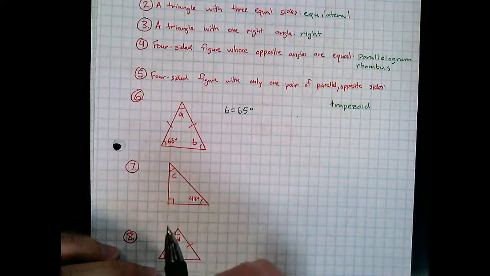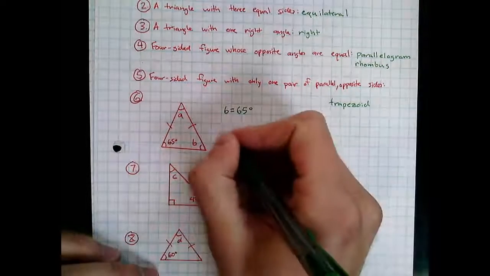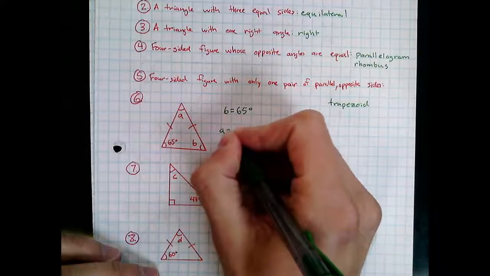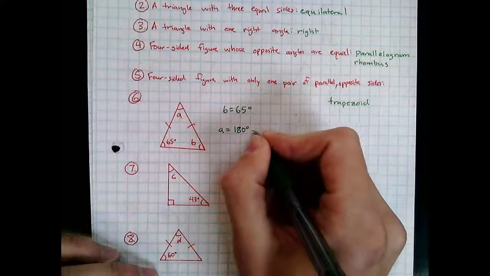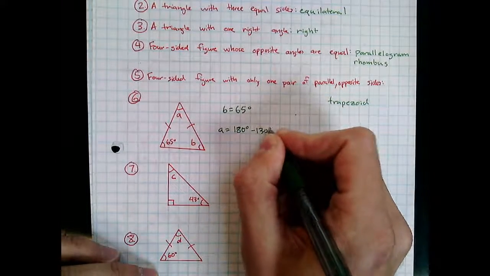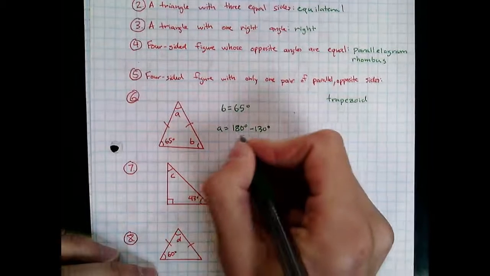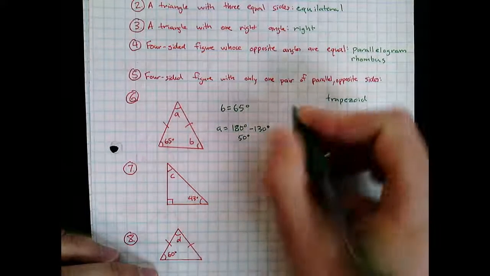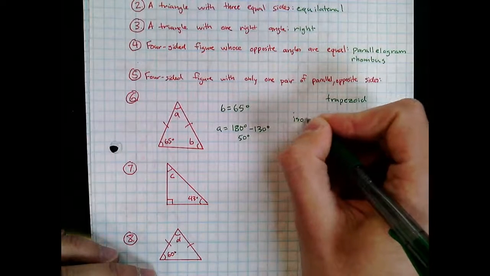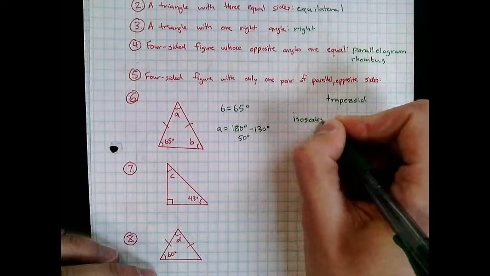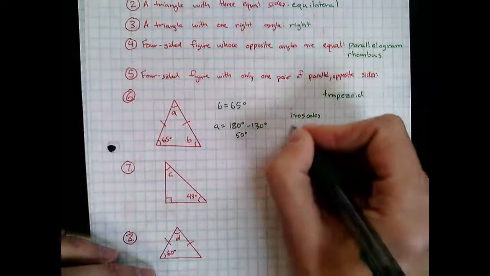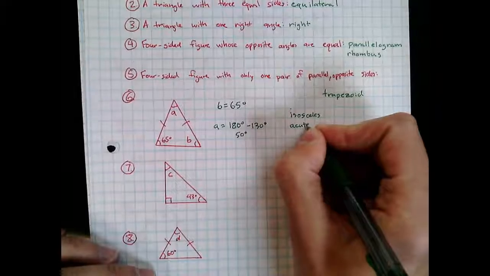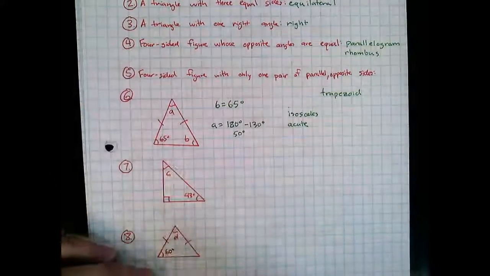And 65 plus B would be 130, which means A is equal to the total 180 degrees minus the 130 made up of B and this angle, leaving us with 50 degrees. And this is an isosceles, obtuse, acute, or right. It's acute. All angles are acute. Isosceles, acute triangle.